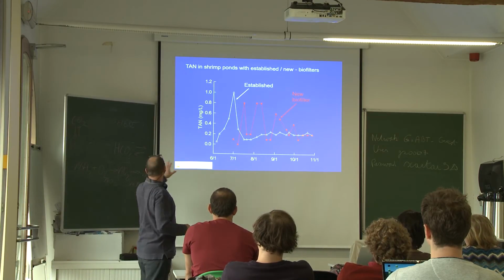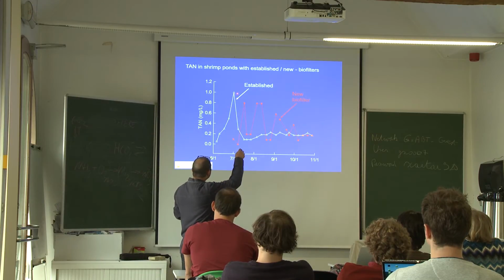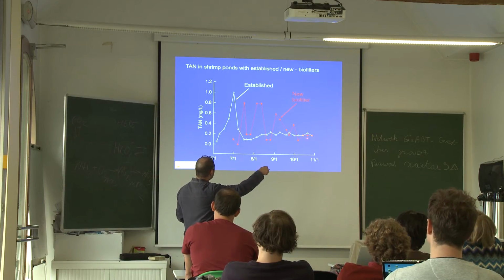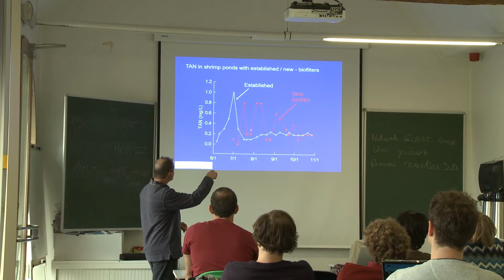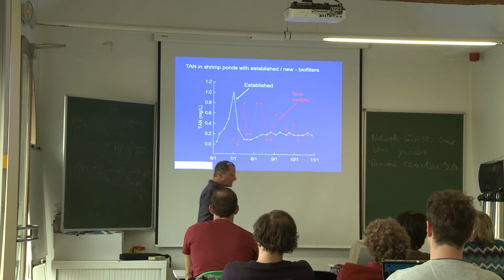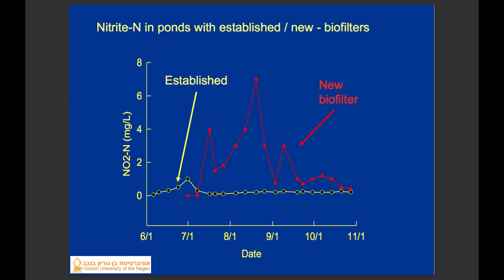So if you have a good nitrification filter, the ammonia will rise and immediately will drop and convert to nitrate. If you don't have an established filter, then you'd have these different peaks. It would not work very well. And that's something to remember when you start.